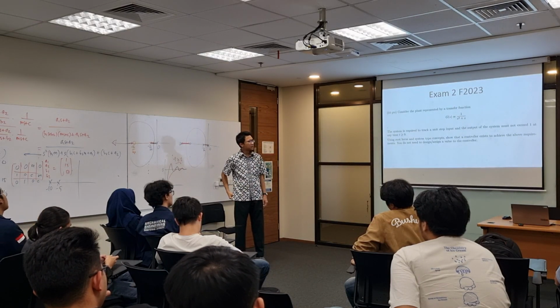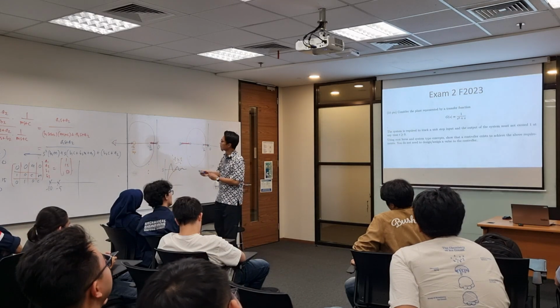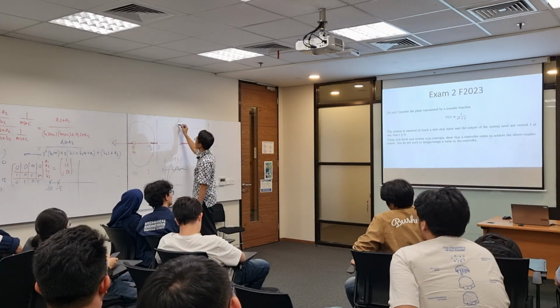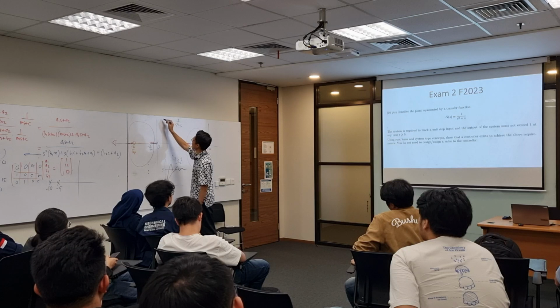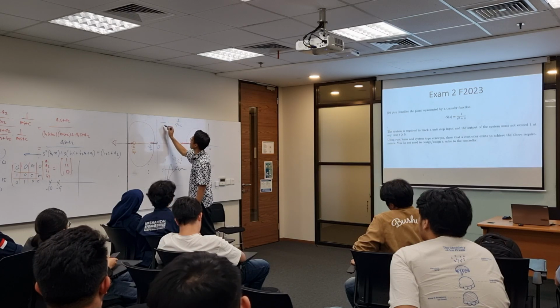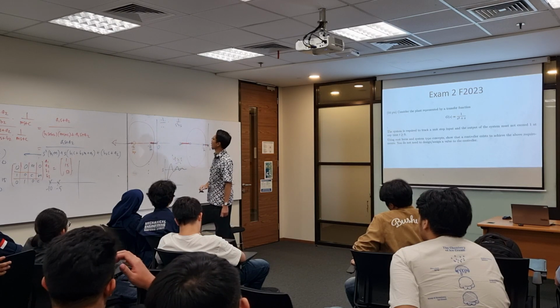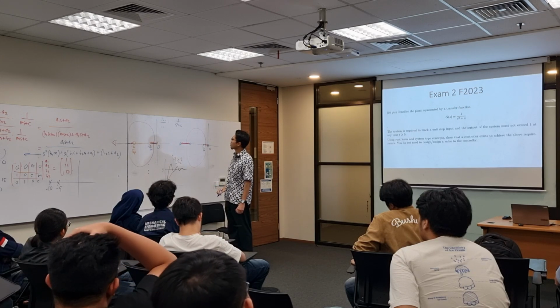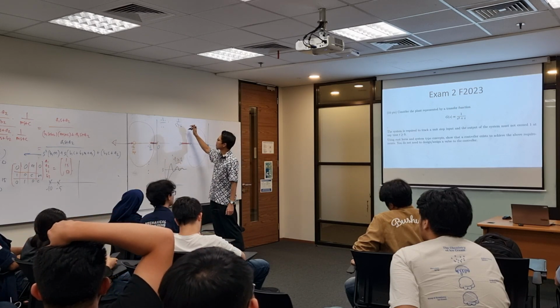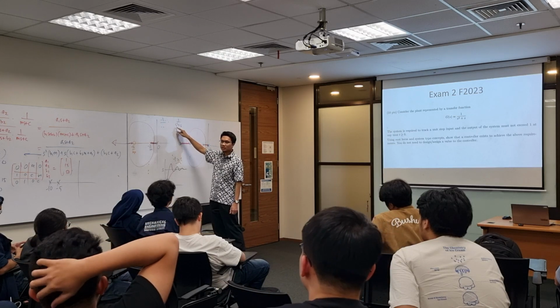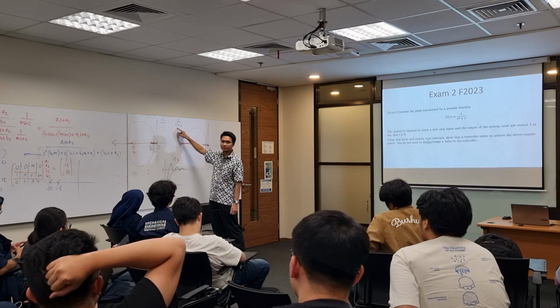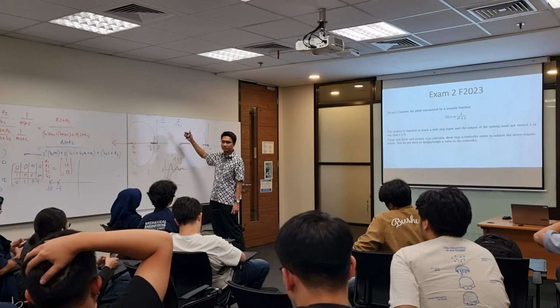How many open loop poles do you have? You have 1 over s squared plus s, and then you will have something in here. What are the open loop poles in this case? Negative 1 and 0.